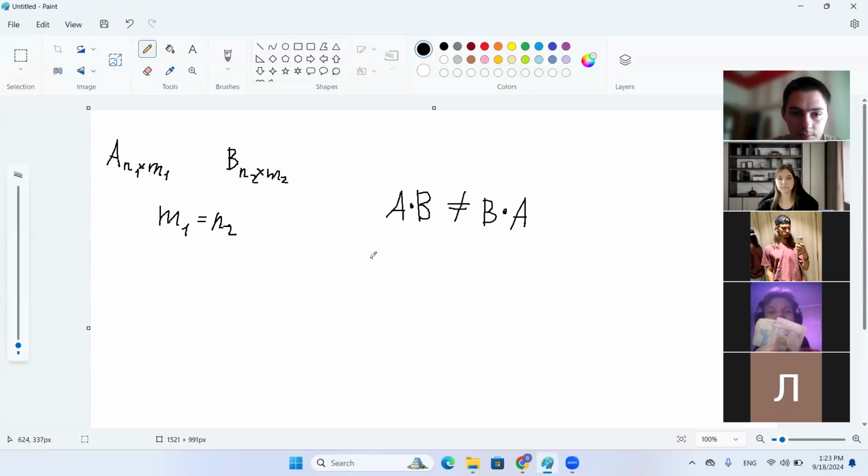But sometimes we have some matrices that are commutative, so we can change their order, and the result will be the same.